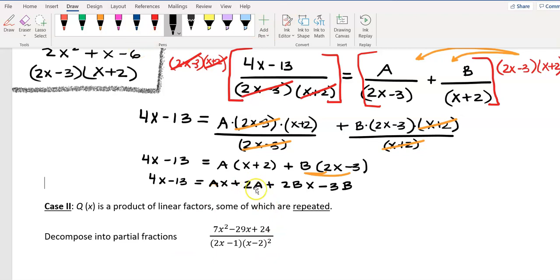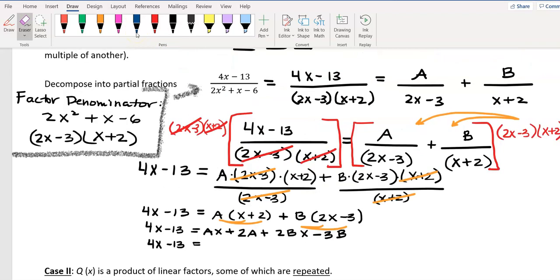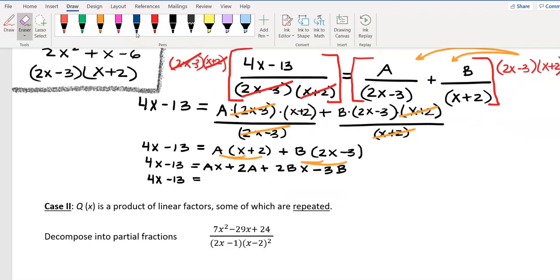Your plain constant terms are the ones with just the a's and the b's and no variable x with it. So we are going to have here the ax plus 2bx together, and then plus the 2a and the negative 3b together.